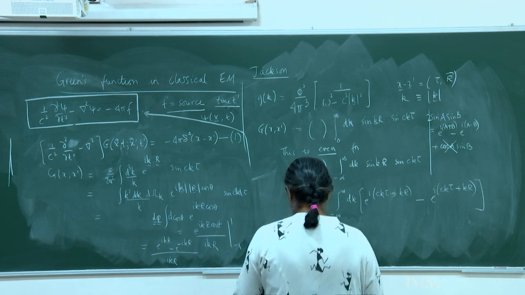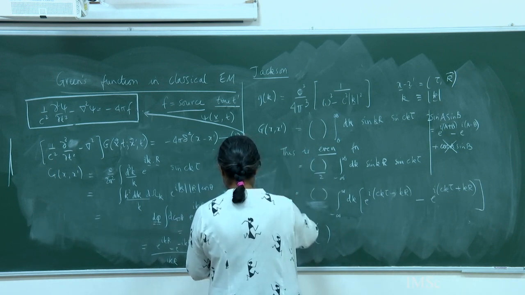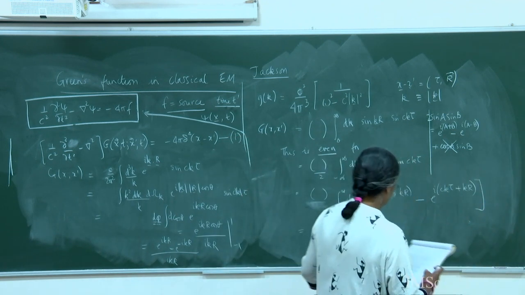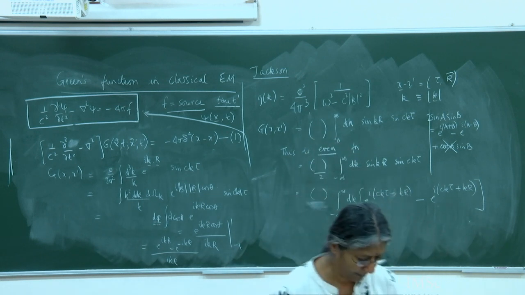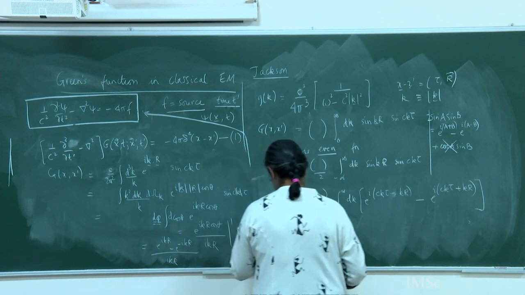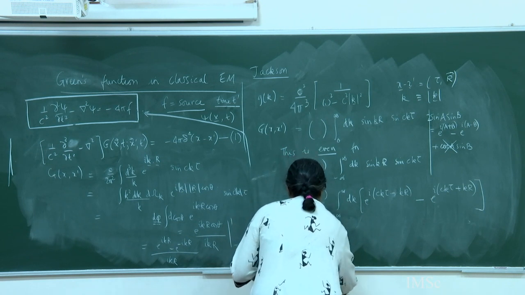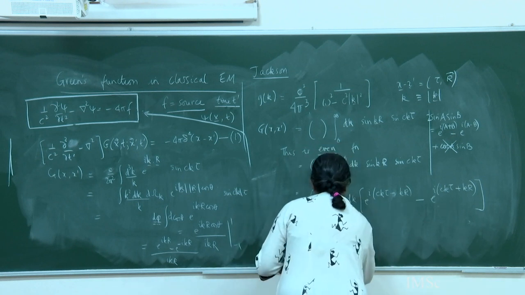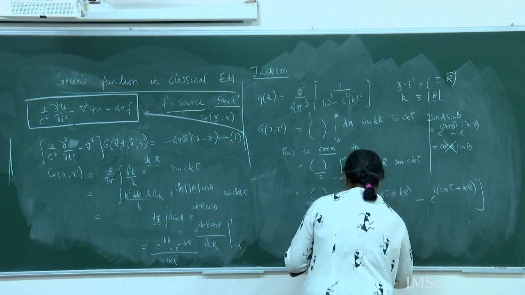So you will get the answer as 1 by r delta of tau minus r by c.